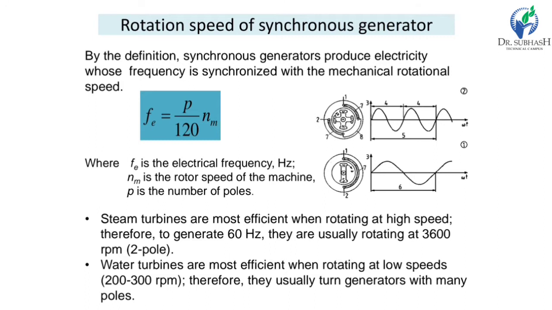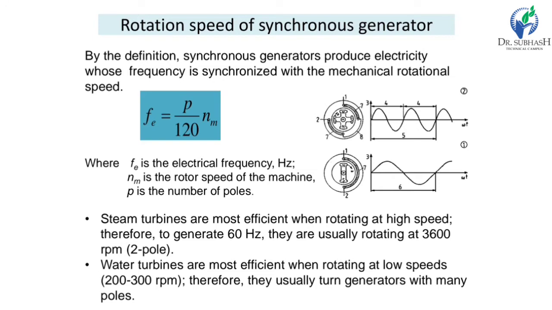Here the synchronous speed Ns is equal to 120 f upon P. So by this equation, the rotor speed has a constant relationship with the field poles and the frequency of the generated voltage in the armature winding.